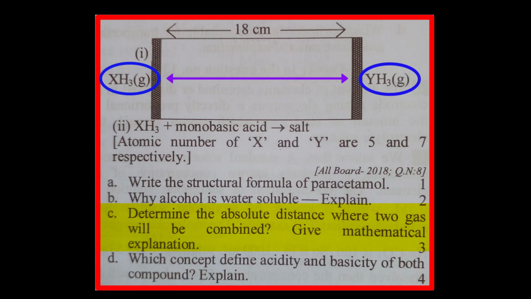We can use Graham's diffusion formula to solve the math, as the formula is used to compare the difference in diffusion rates between gases. From Graham's diffusion formula, we know that R1 over R2 equals square root M2 over M1.